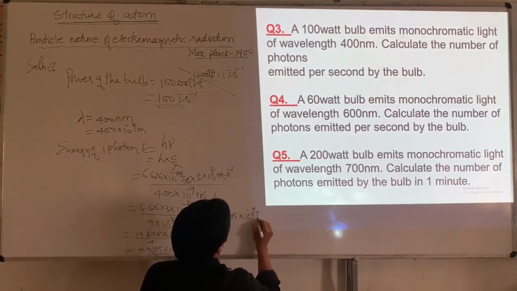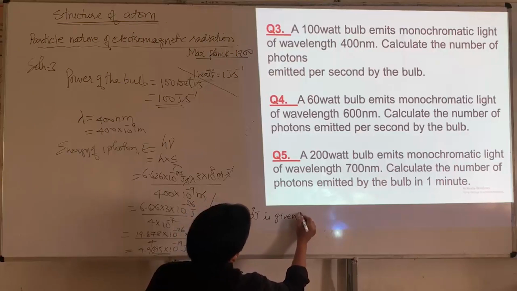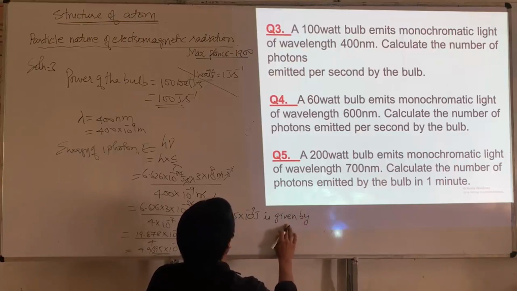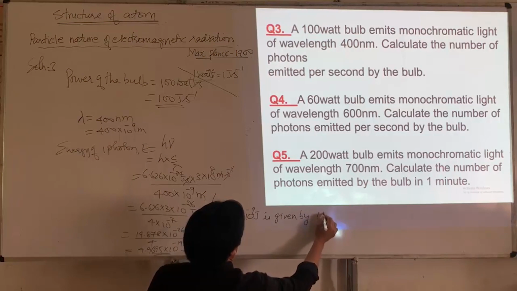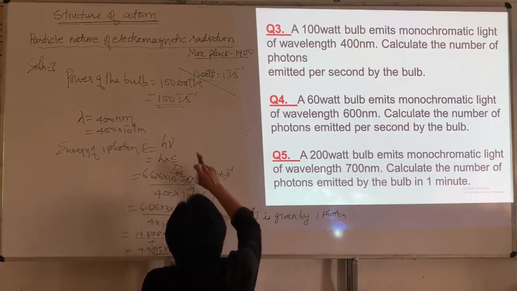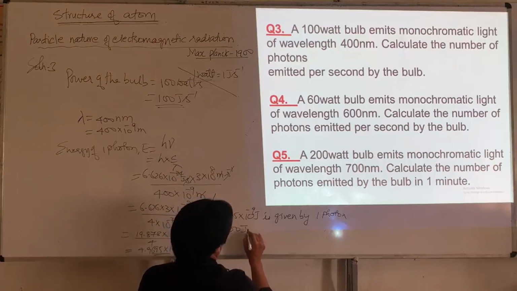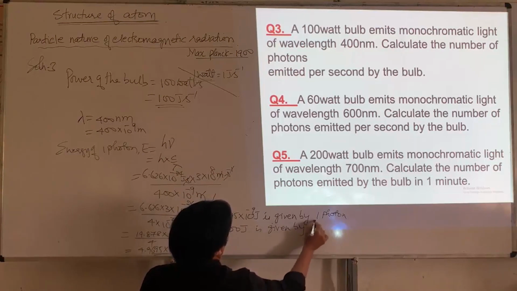This much energy is given by 1 photon, just 1 photon. Now you have 100 joules of energy, given by how many photons?